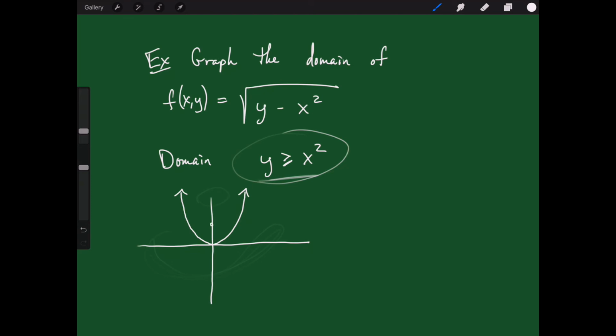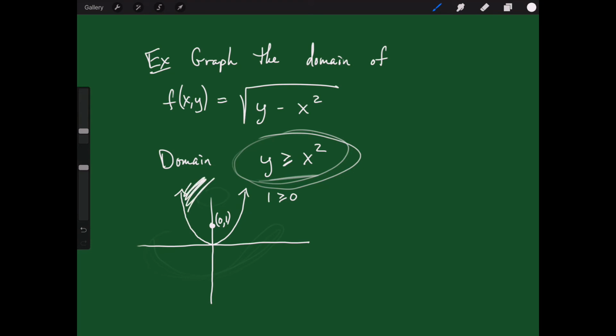So let's just take a point like right here. Let's say that this is the point 0, 1. And let's plug 0, 1 in. So if x is 0 and y is 1, is the statement y is greater than or equal to x squared true? And it would be that 1 is greater than or equal to 0. Yeah, that is true. So that's the correct region.